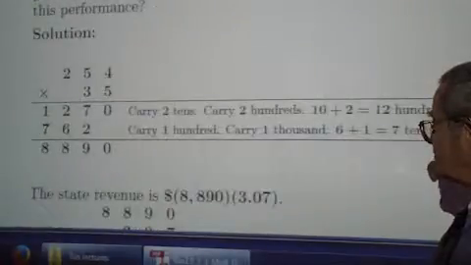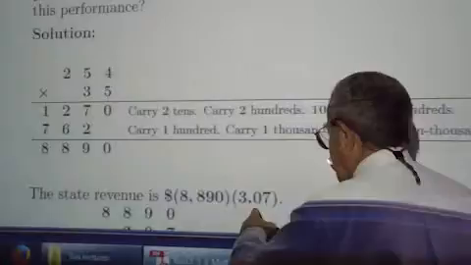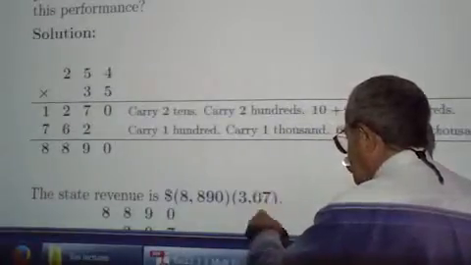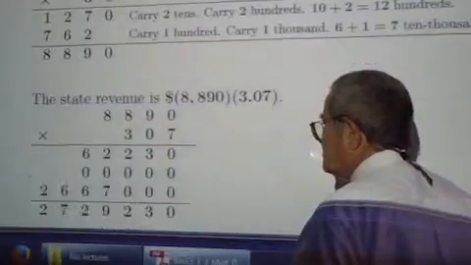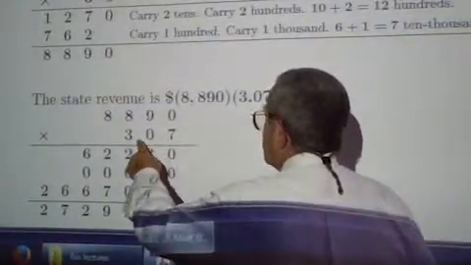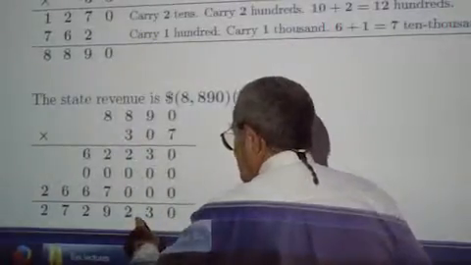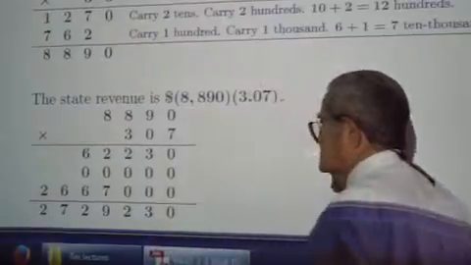So the state revenue is 8,890 times what they get per one ticket, 3.07, which is supposed to be, I have a decimal point here, so move back, that's $27,292.30.